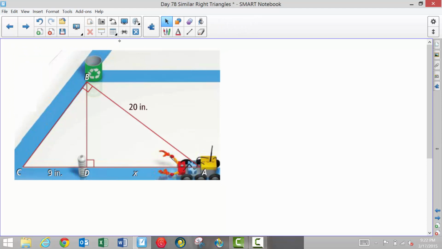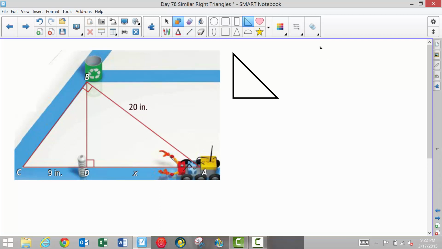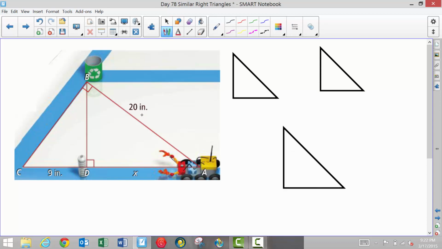Okay. So I know that they're similar right triangles. So I'll draw them. So here's triangle 1, here's triangle 2. Here's the original.